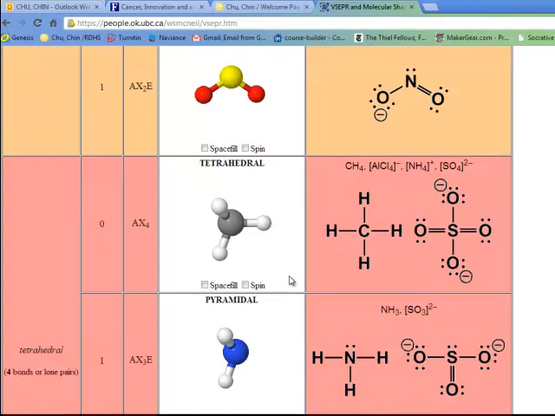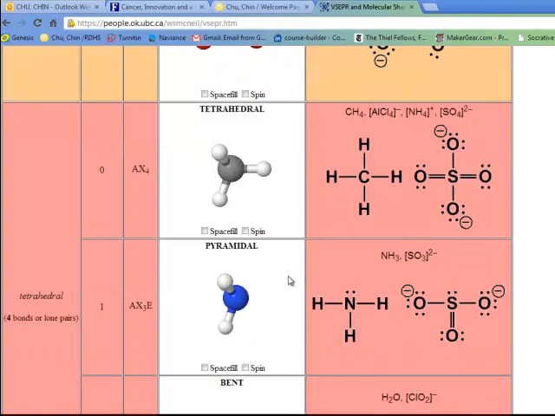And now we move into the four electron groups. You can see the AX4, let it spin. You can clearly see these tetrahedral corners, and there are four corners. Now it's highly symmetrical if all the surrounding atoms are the same, and the polarity of each individual bond will cancel each other out.